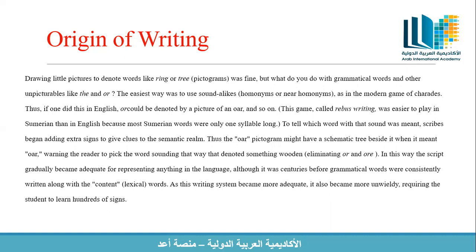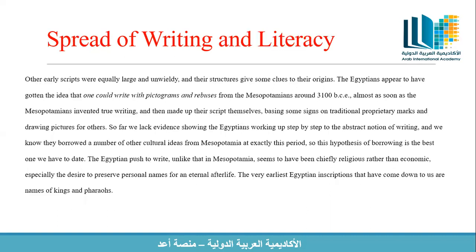In this way, the script gradually became adequate for representing anything in the language, although it was centuries before grammatical words were consistently written along with the content or lexical words. As this writing system became more adequate, it also became more unwieldy, requiring the student to learn hundreds and hundreds of signs.